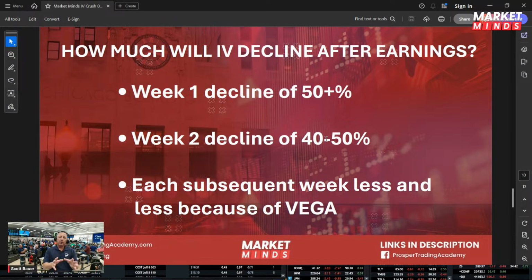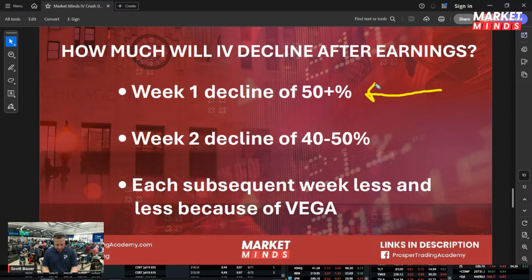So if you are going to put on an earnings position and you have the first week options, so when I say first week, earnings are Thursday for Netflix, so this Friday's expiration, you could expect a decline in implied vol after earnings of about 50%.